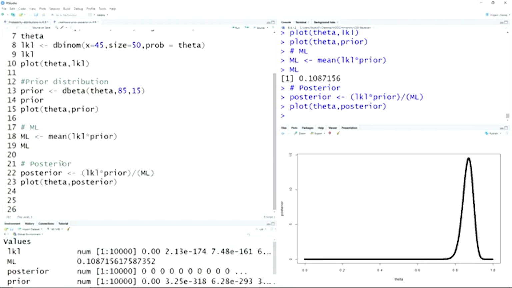Then we will need to rely on more advanced computational methods to compute the posterior distribution. Okay, but this is a good starting point to understand what the posterior is and how we compute it for simple cases, right? So we'll take a couple more examples in the next lecture, and we'll see how we plot prior, posterior, and likelihood in a single ggplot, right?